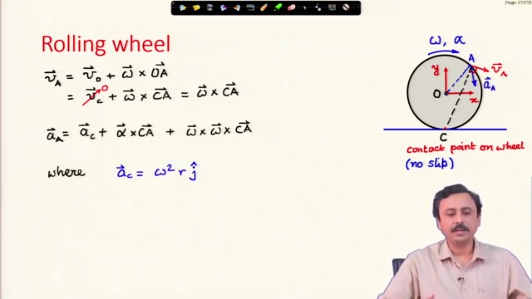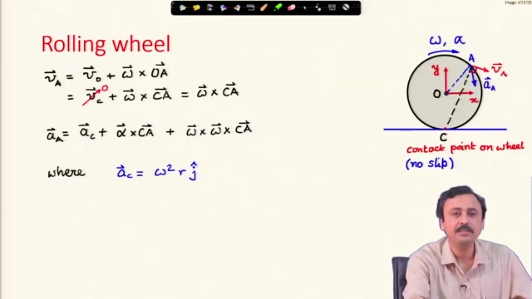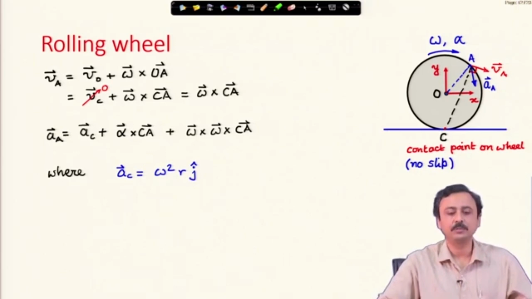Acceleration of A, again in terms of acceleration of C, you can find out, you already know that acceleration of C is omega square r j cap, vertically upwards. If you just plug in these expressions, you will get the acceleration of A, which I will leave it to you to figure out.